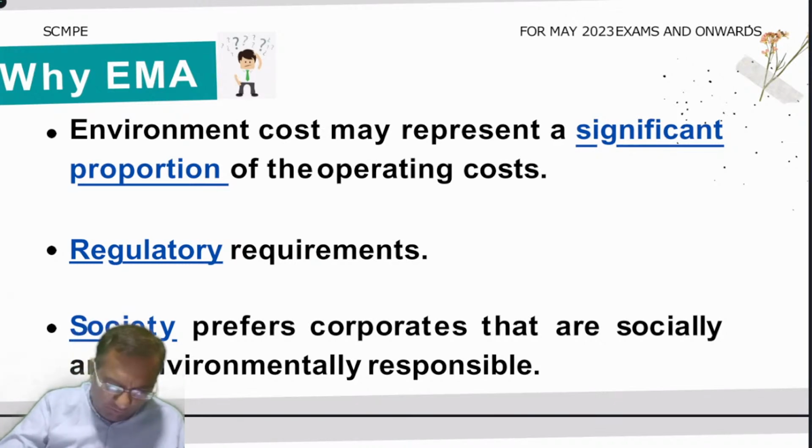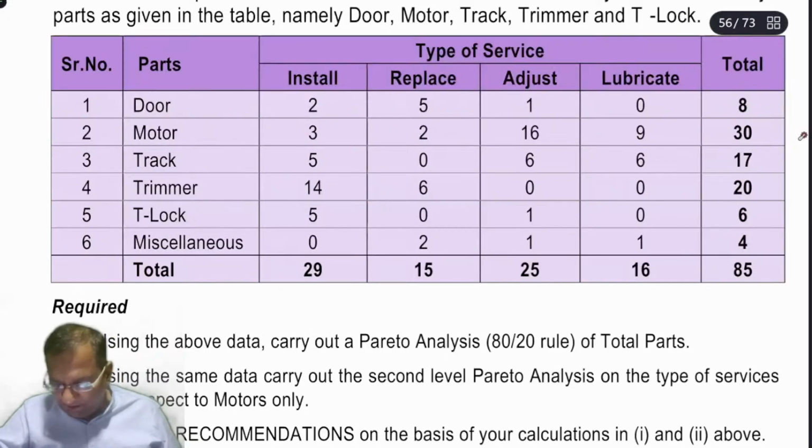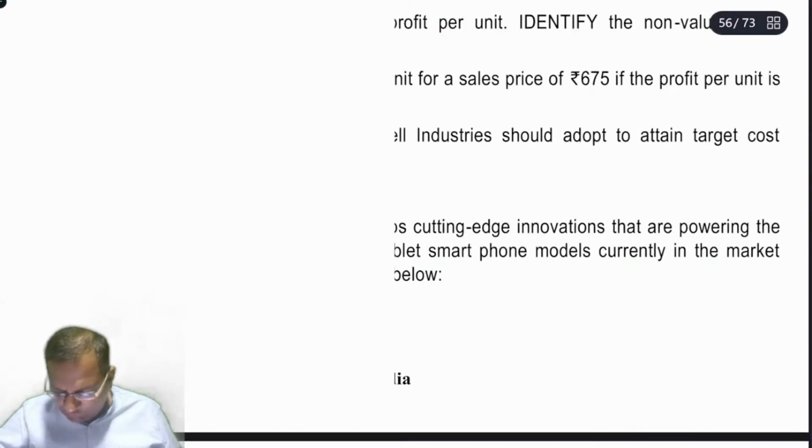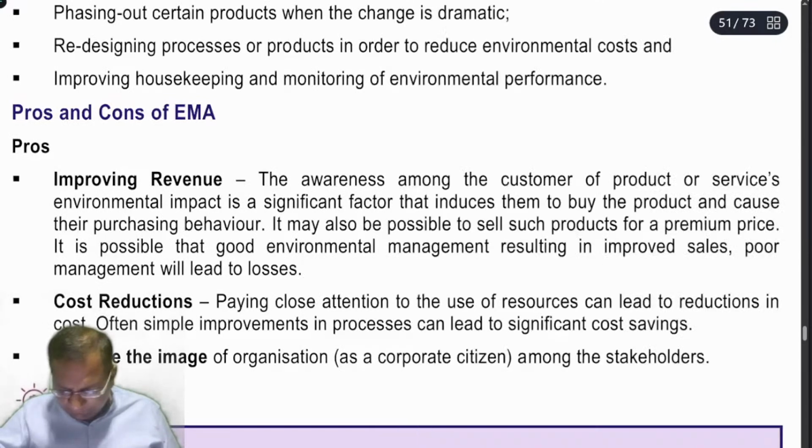Okay, beta. Now a very, very important definition has been given in the study material. Let's study that definition first. Give the heading in your copy, beta, because we will write down the definition in our copy. Give the heading in your copy: environmental management accounting.